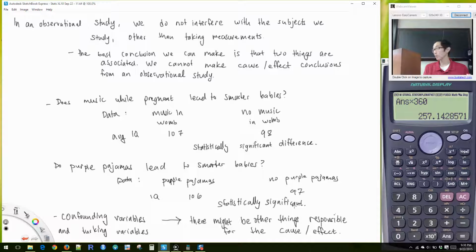Okay, a lot of times, and I'll talk about experiments in a moment, certain experiments are not possible because of ethical reasons. Okay, in general, it is not ethical to have an experiment where you're expecting something to have a negative effect on a person, right?